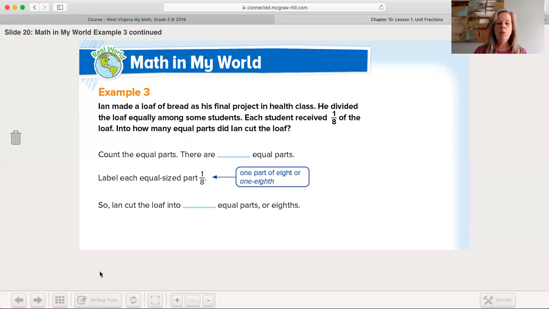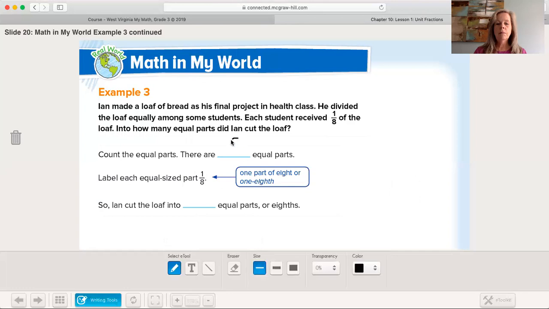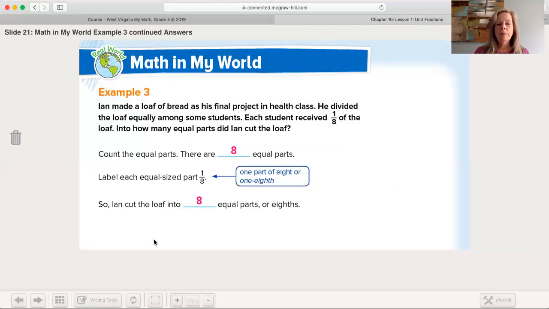There were 8 equal parts. So Ian cut the loaf into 8 parts. That's where the bottom number came from, 8. That means how many parts it was cut into. So he cut the bread into 8 equal parts. Each student received 1/8.